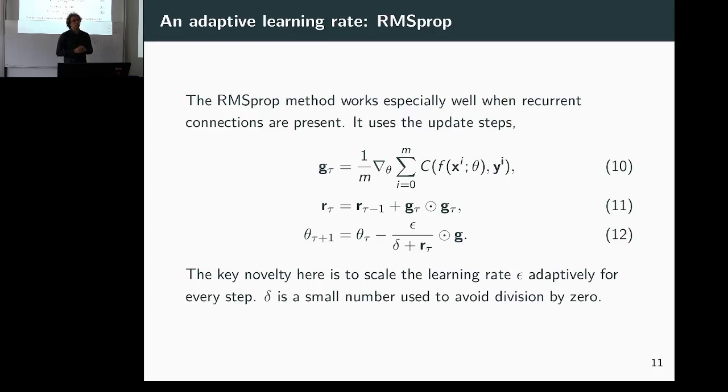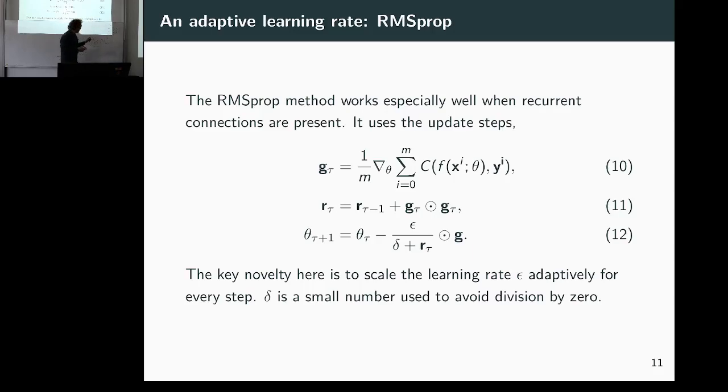Historically, when people were working with recurrent connections, and we don't know yet what this is, but a recurrent connection is when you have a network that gets an input, xt, but it also has a memory of some kind. Let's call it ct, and has access to the memory.